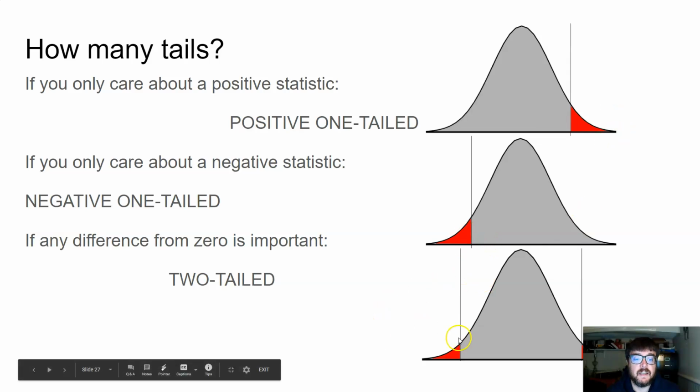And so you can see how this has moved a little farther away. That area of this red plus the area of this red over here, those added together are equal to this one by itself or this one by itself. So you have to be a little farther away from the center in order to reject the null hypothesis if you have a two-tailed hypothesis, when positive or negative could be reasonable.